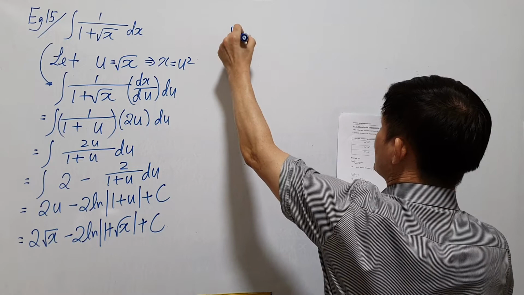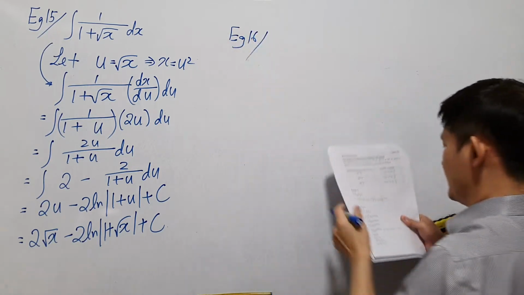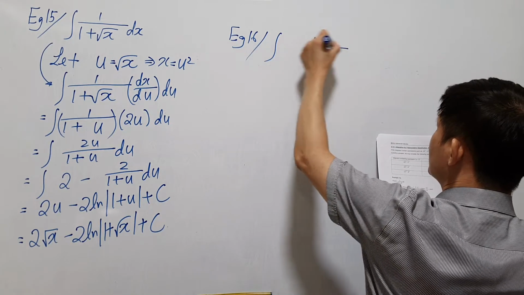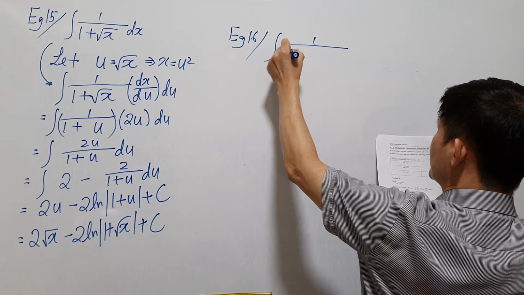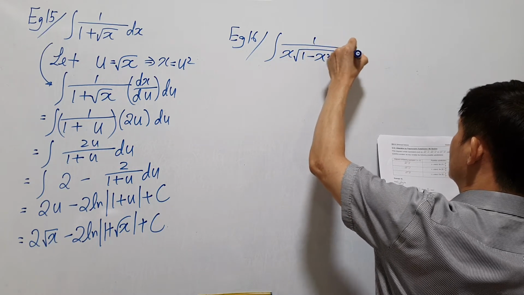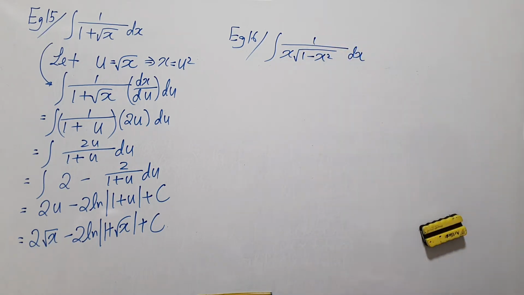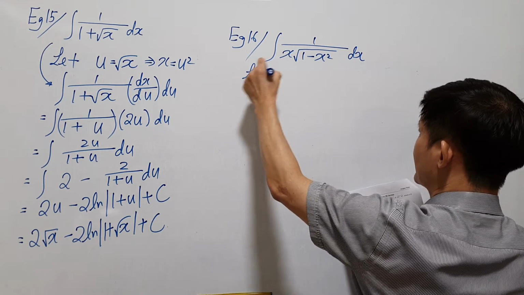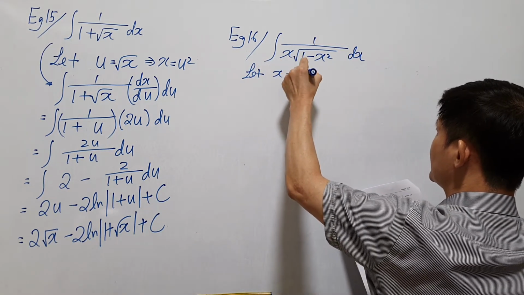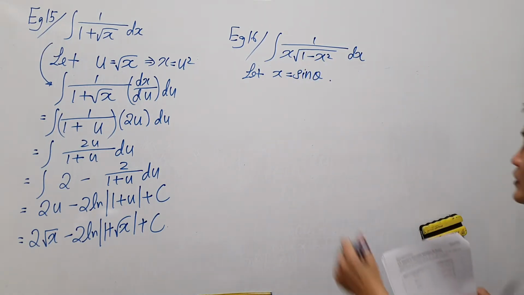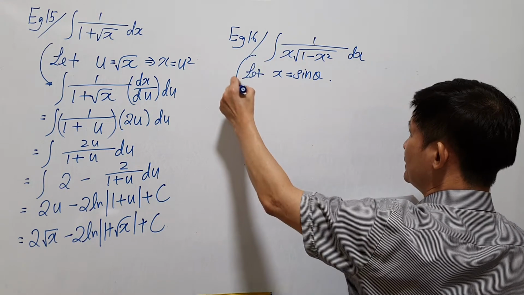Example 16 also is to be done by substitution. This one involves trigo, x into 1 minus x squared dx. In this question, the recommended substitution is to let x be equal to sine theta. So how do you do the replacement?